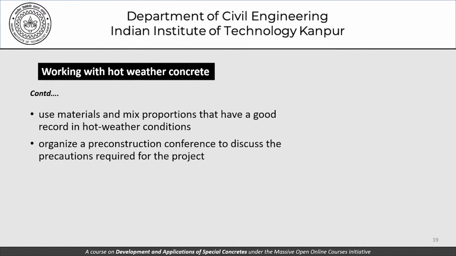Organize a pre-construction conference to discuss the precautions required for the project so that all concerned, the construction people, the design people, the quality control and inspection people, are all on the same page.